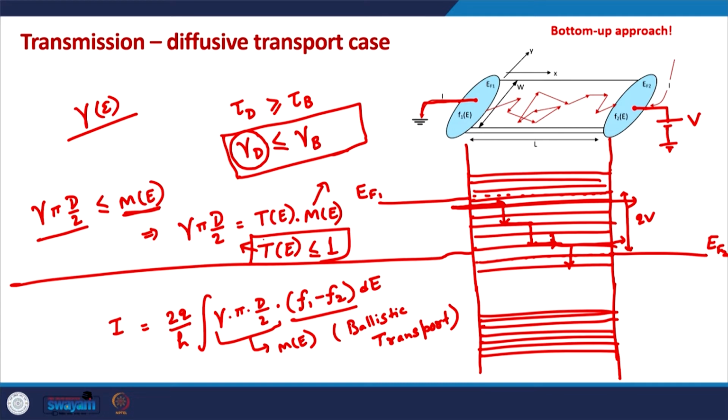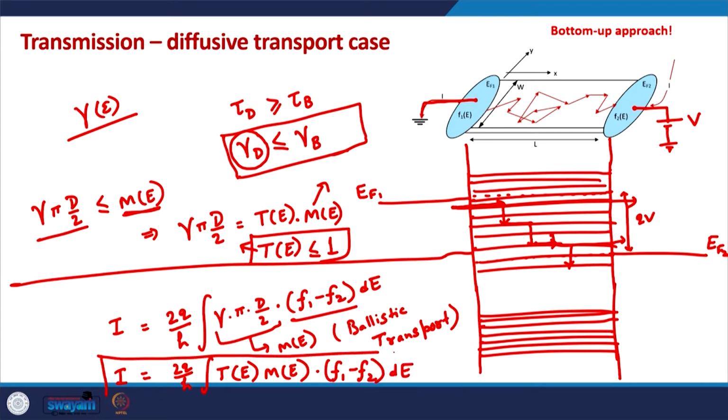In that case we would be able to find out the current, because in the diffusive transport case the current can now be written as 2q by h integration of Te times Me times F1 minus F2 dE.